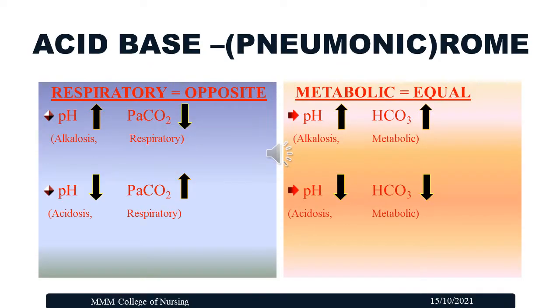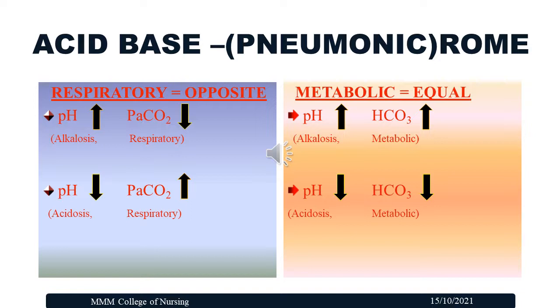Now moving on to the acid base, we have the mnemonic called ROME. ROME, which means respiratory opposite and metabolic equal. Hope you understand that respiratory is because of the variations in the partial pressure of carbon dioxide, which is an acid, and metabolic is because of the bicarbonate, which is a base. So pH, if it is low, it is called acidosis, and a high pH is considered alkalosis.